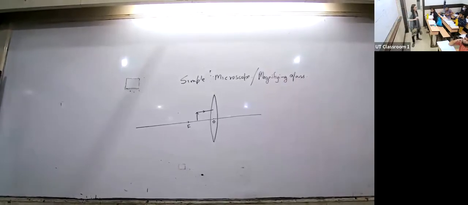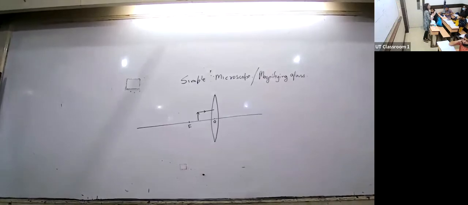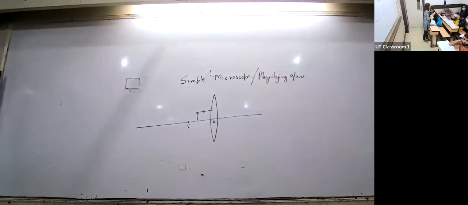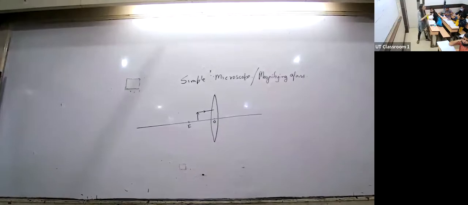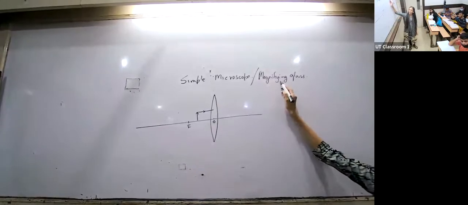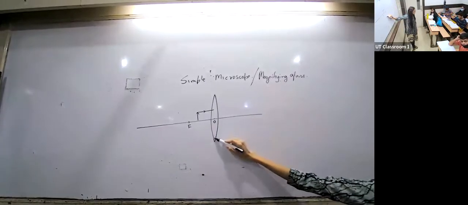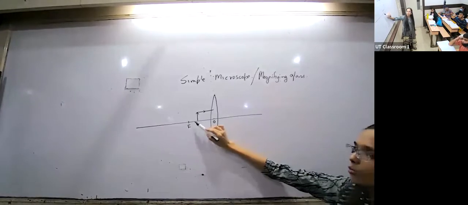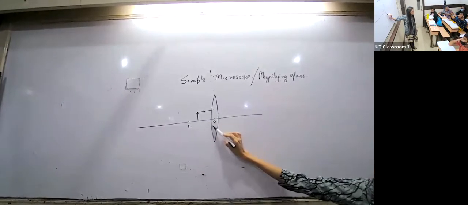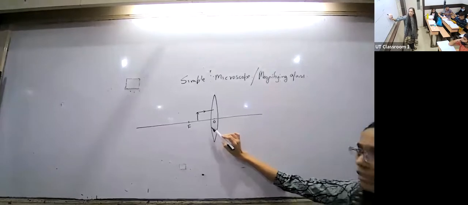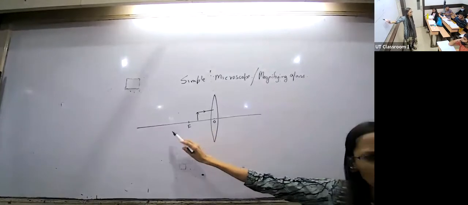So if your question says draw a ray diagram for a magnifying glass, you should be clear in your head that for a magnifying glass, I have to use a convex lens and I have to show my object between F and O. Between F and O. Will you get a magnified image for that?